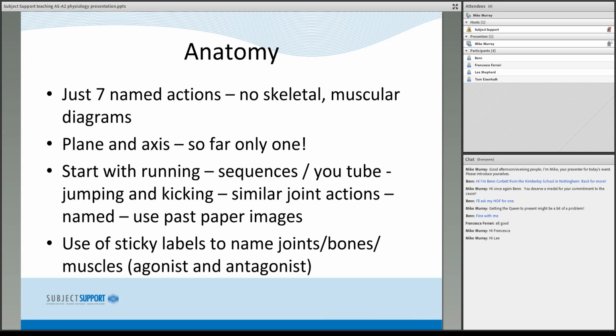When I'm delivering this, I tend to tell the students there is only one plane and one axis that the examiners are likely to ask a question on, and that's the sagittal plane and the transverse axes. So running, jumping, kicking, all the joint actions take place in the sagittal plane and around the transverse axes.